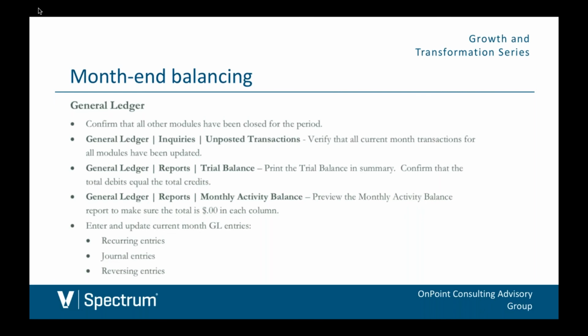We can just do the posting of the recurring entries. Then if you just have some little journal entries that need to be done just for this month, and if there's any journal entries or the recurring entries that need to be reversed, then you want to take care of the reversing entries.